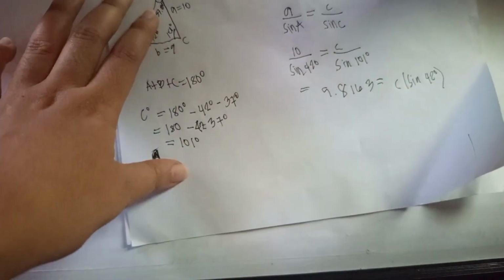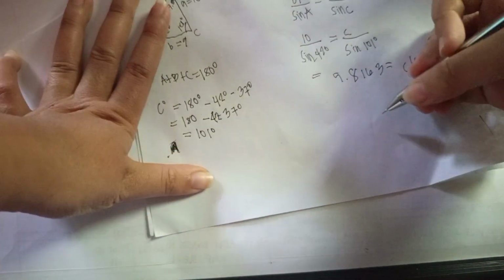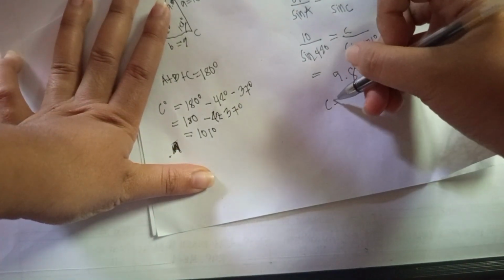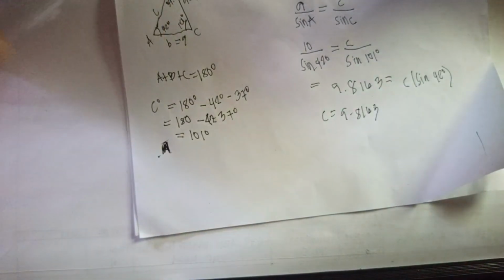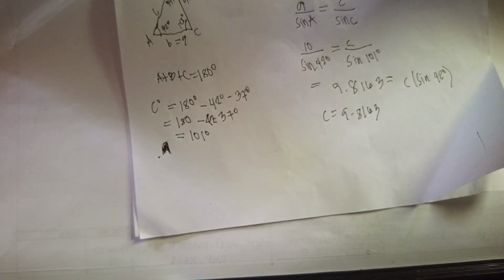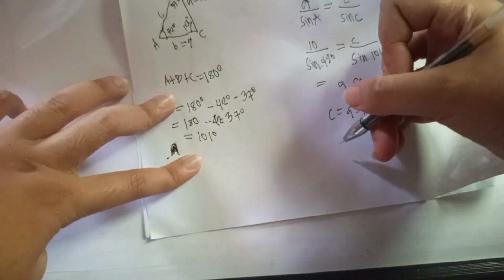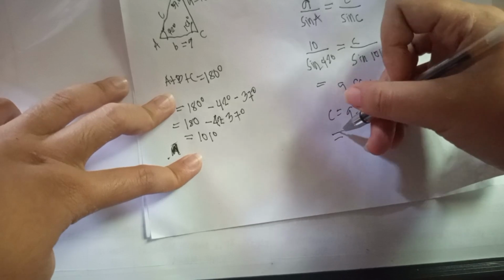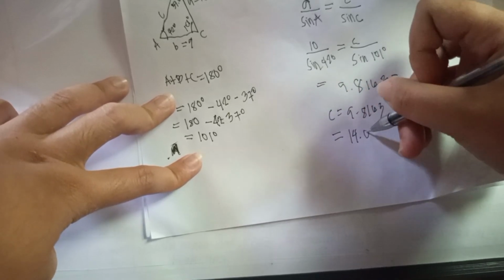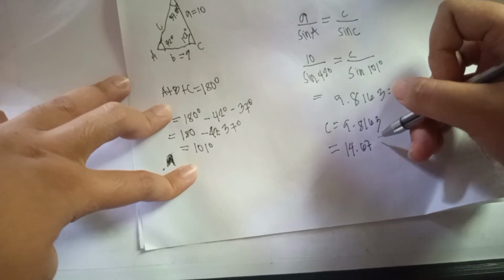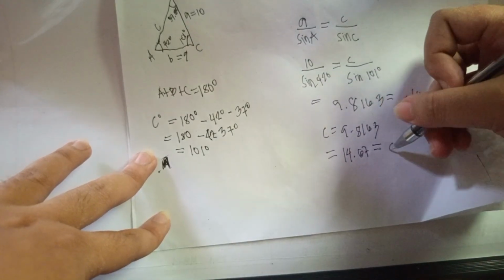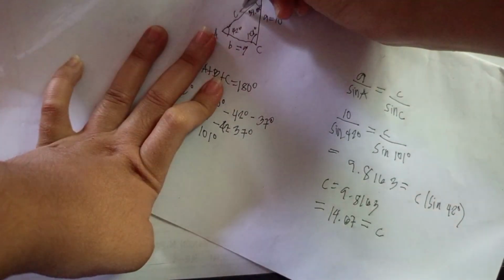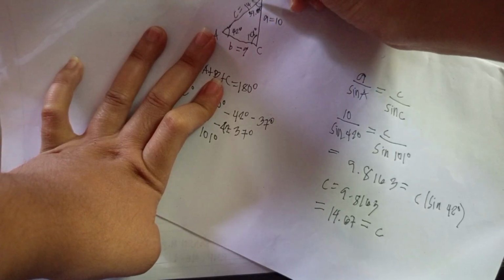So side C is going to be 9.8163 divided by sine 42 degrees, which is 14.67. Side C equals 14.67.